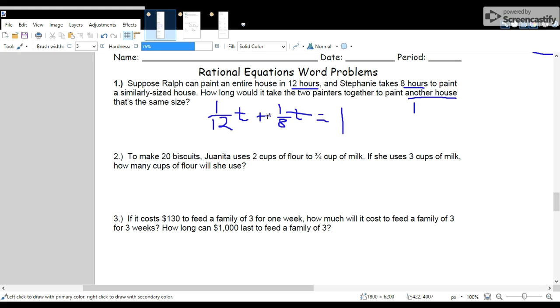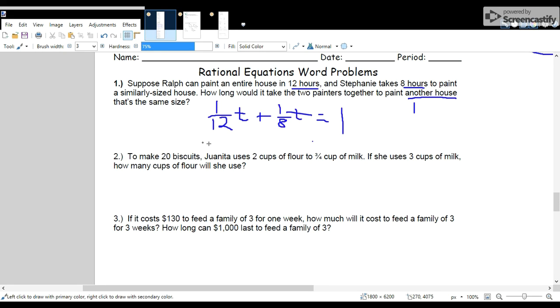Now we want to get rid of these fractions, so to do that, we can multiply everything by the least common multiple. If you're not sure what that is, you can press calculate, menu, 2, and then 4. Put 12, 8, and then enter.